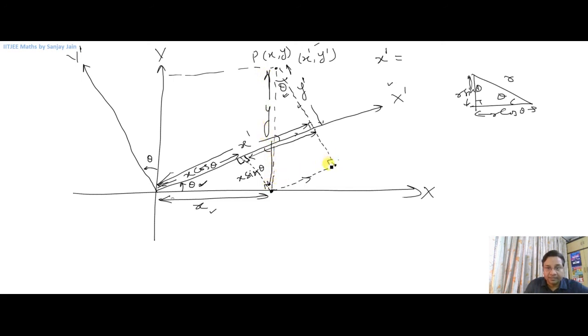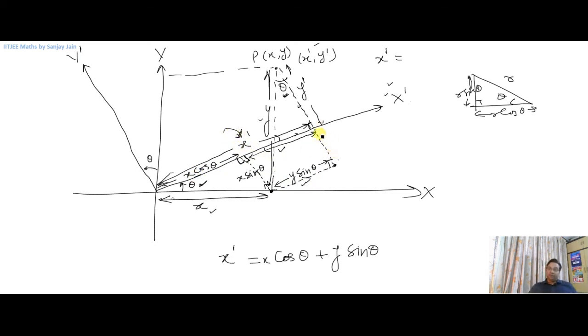And this angle is 90 degrees because I have drawn it parallel to x dash, and this angle is 90 degrees. So what can you say about this length? This is y, this is theta, so this will be y sin theta. Now if you notice, I can write x dash as x cos theta plus y sin theta, right? Because this is nothing but y sin theta and this is x cos theta. So I have added these to obtain x dash.